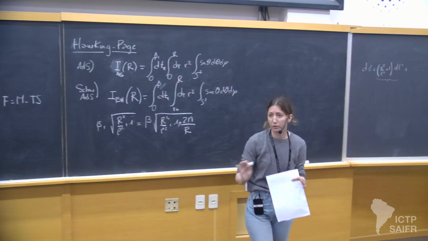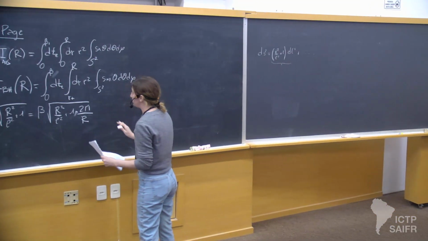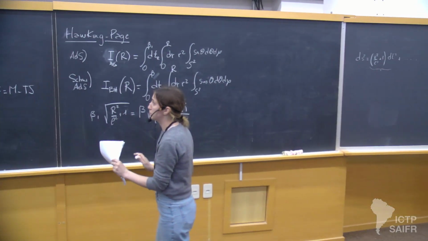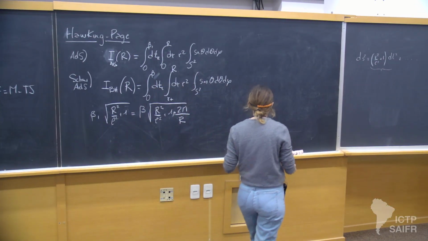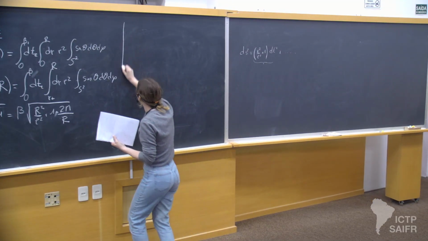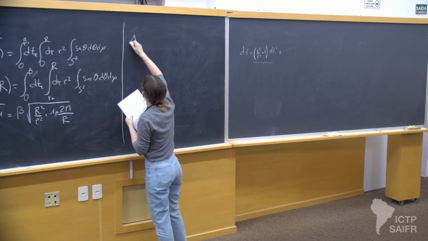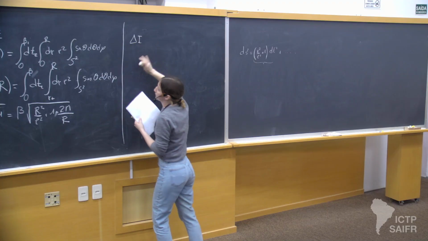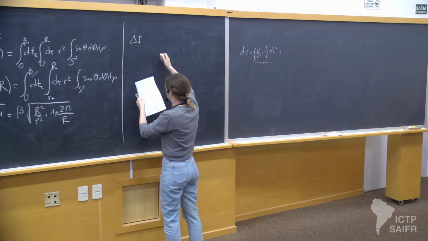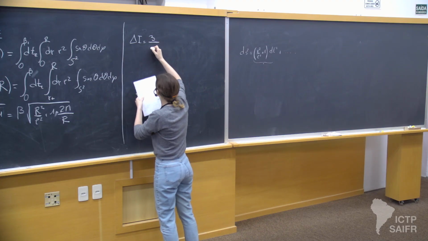This way, you ensure that you have the same boundary. Now we are ready, because we have set our two configurations in the same phase space, basically the same ensemble. Then we can subtract the two Euclidean on-shell actions. Delta I equals, let's do this.